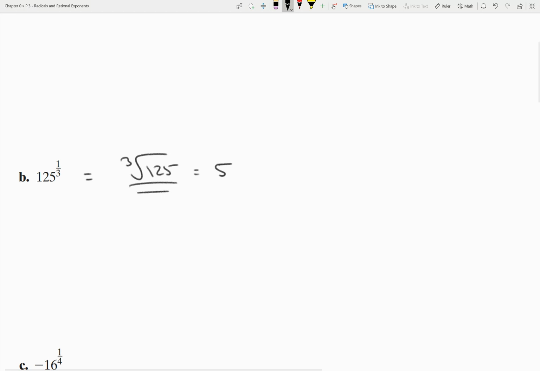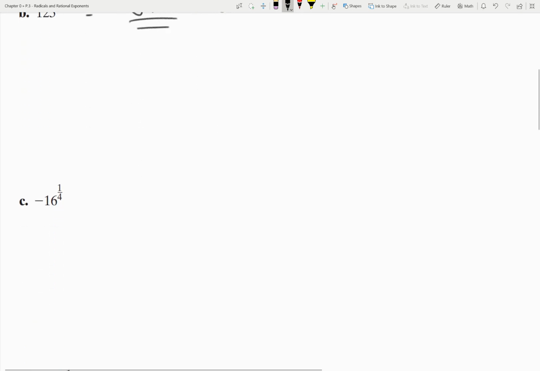And you can eliminate this step right here. If you just realize that 125 to the 1/3 power means take the cube root, you don't have to write it out. Remember my order of operations, and that is negative 4th root of 16, right? That negative stays on the outside because it is not in parentheses, unlike the next one, okay?